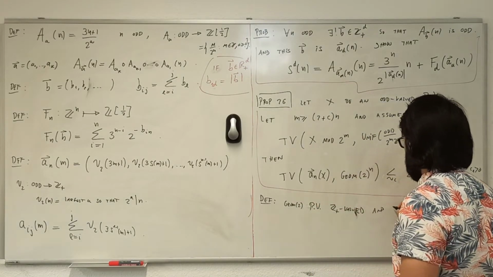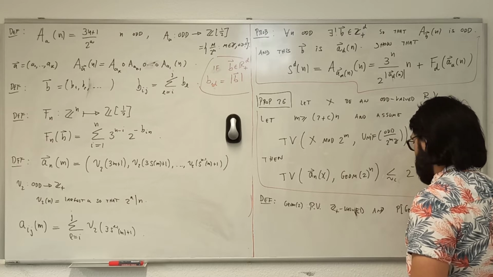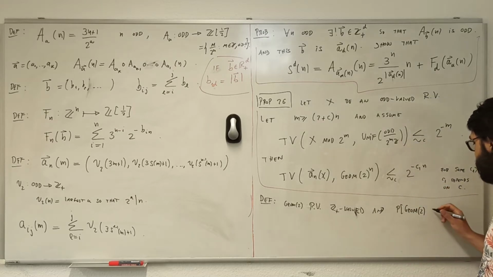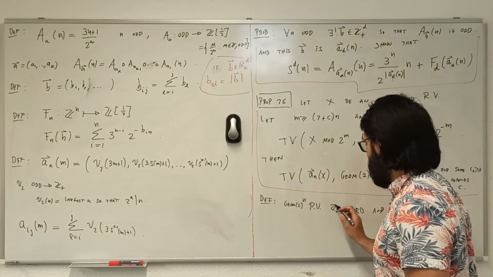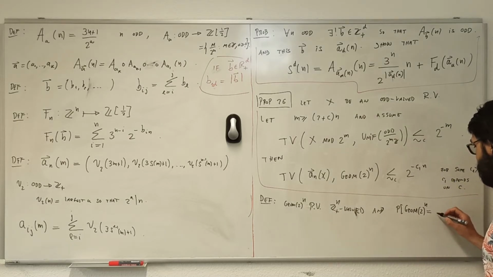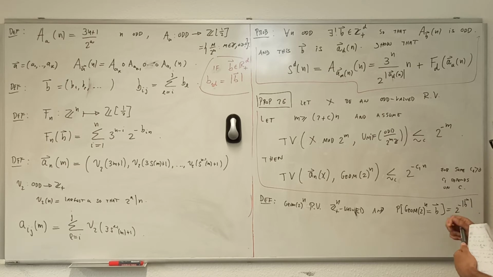And geom 2 to the n is Z plus to the n valued, with the probability that this equals some vector b being just 2 to the minus the norm 1 of b.